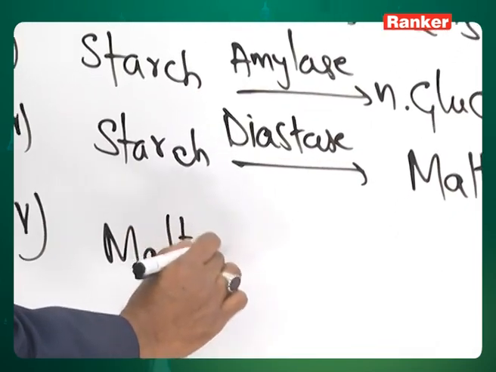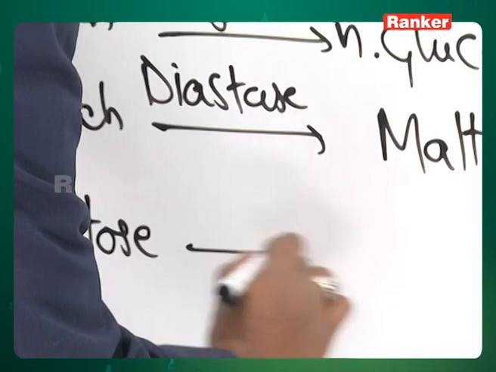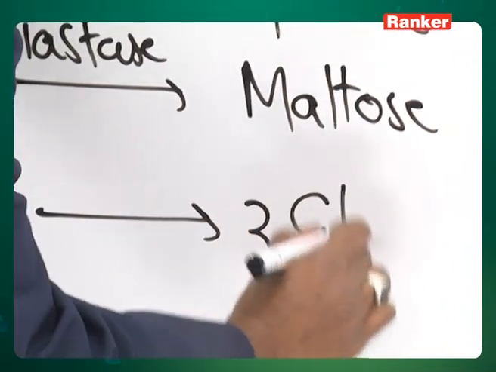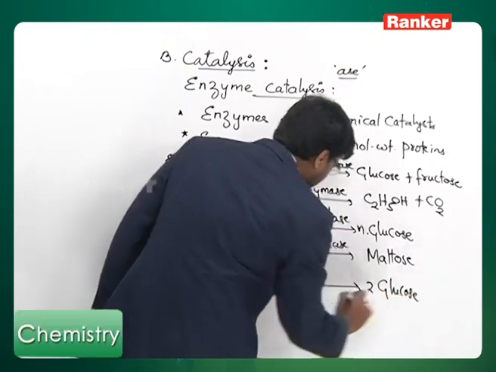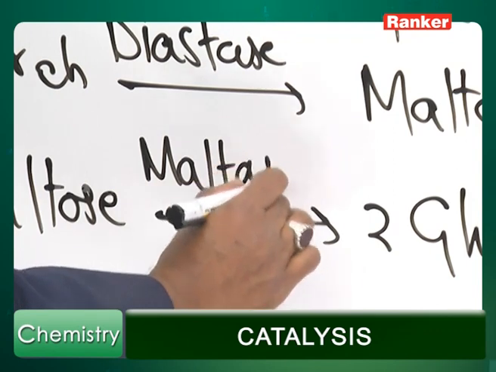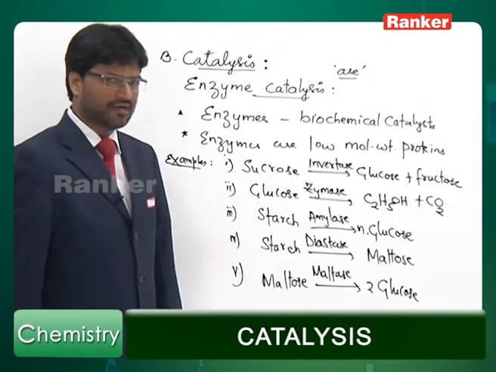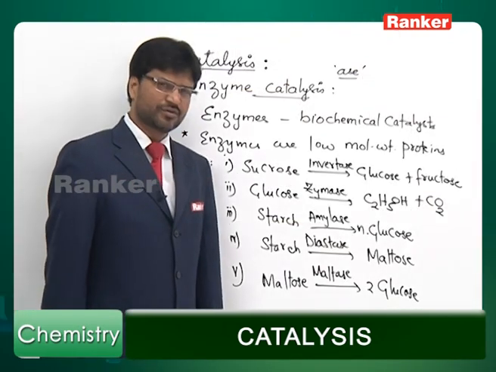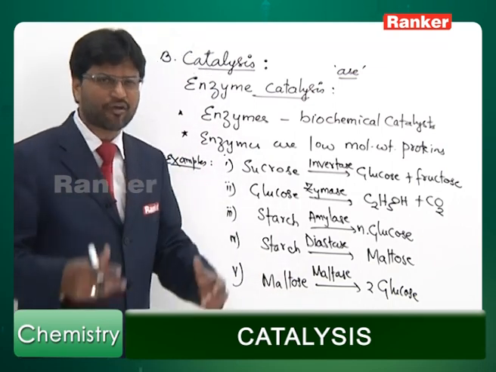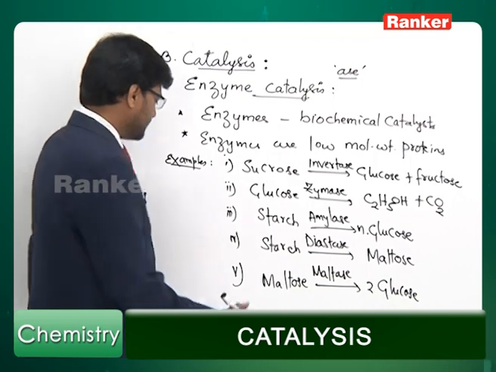Maltose can break down into 2 moles of glucose. This transformation is brought about by an enzyme called maltase. The enzyme maltase will transform maltose into 2 glucose units. This reaction itself indicates that maltose is a disaccharide made up of 2 glucose units.